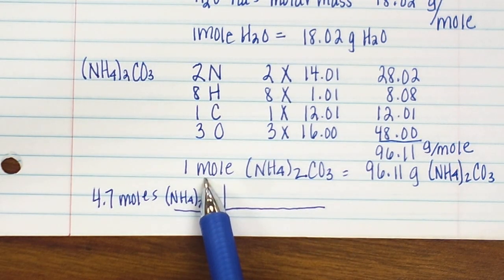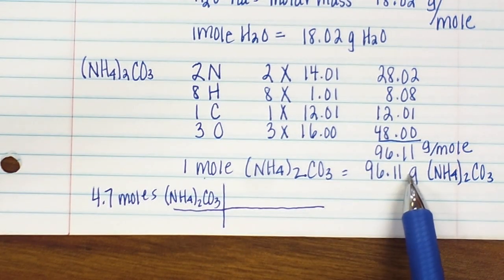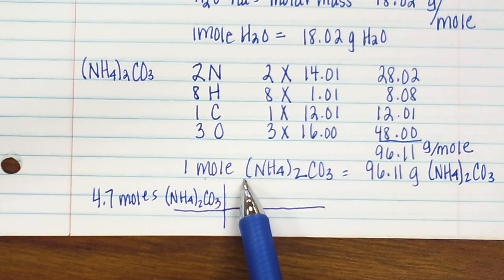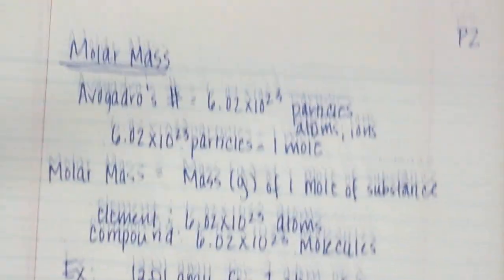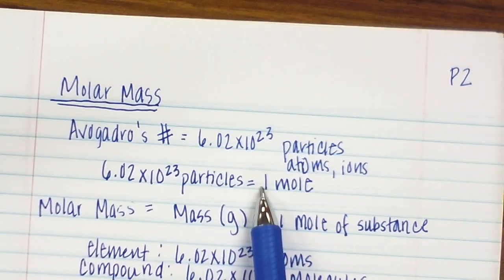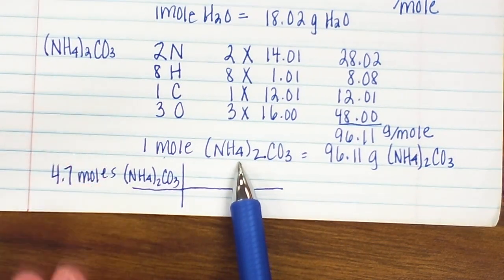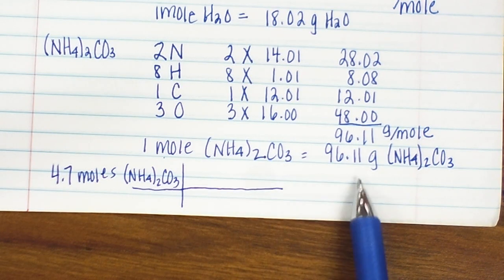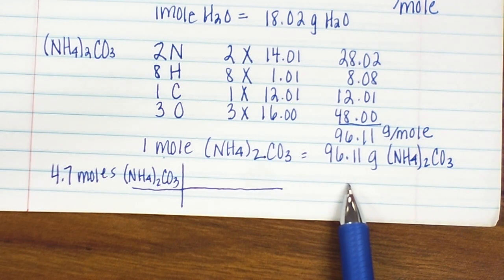It's 1 mole and it's many grams, right? Because this mole, which is oh so many particles, is in 1 mole. So this 1 mole is going to step on the scale. You're going to put it on the scale, and it's going to weigh 96.11 grams. It's going to weigh many grams.